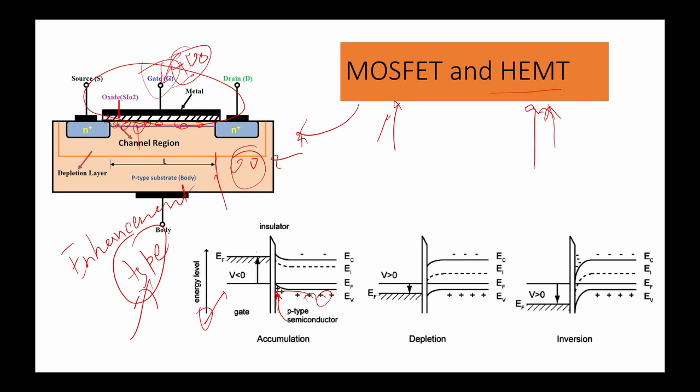There are impurities also. The p type substrate is doped with boron, aluminum or gallium, but we mostly dope it with boron because it is smaller in size.